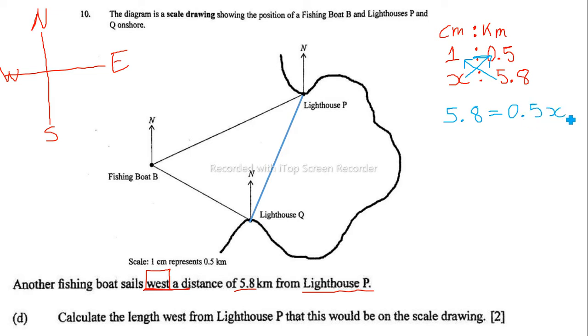So we have to divide both sides by 0.5 and cancel out. So x is going to be equal to 5.8 divided by 0.5. And what is 5.8 divided by 0.5? 11.6.